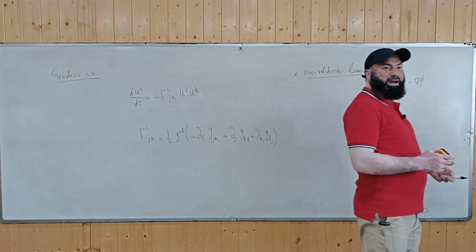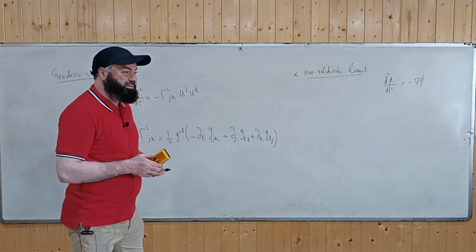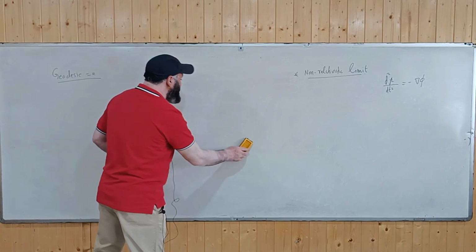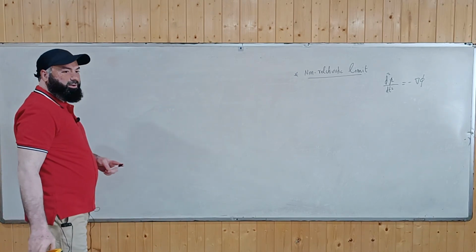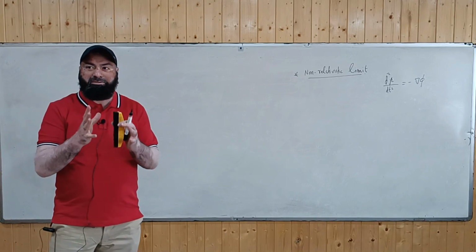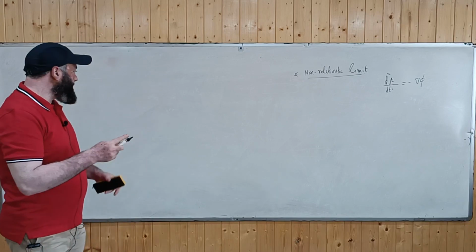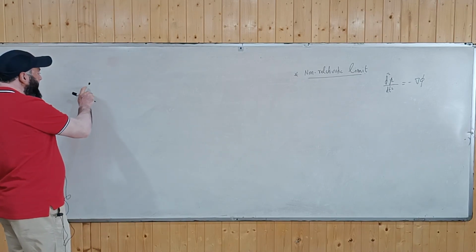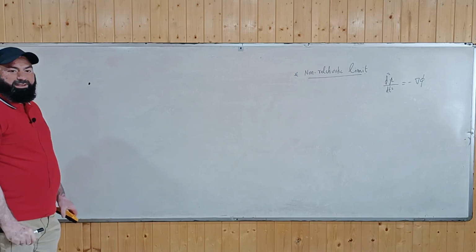Okay, first tell me how to start doing the non-relativistic limit. I have given you the idea. We'll consider a weak gravitational field. What does that mean? At a given point, let's say if you are hanging at a given point, you assume at this very point a weak gravitational field.